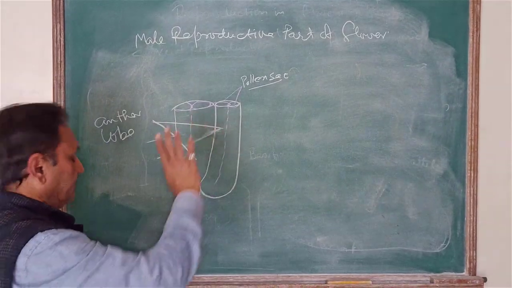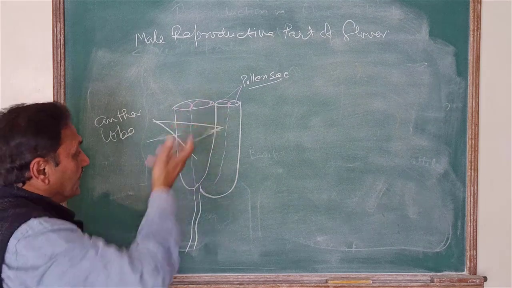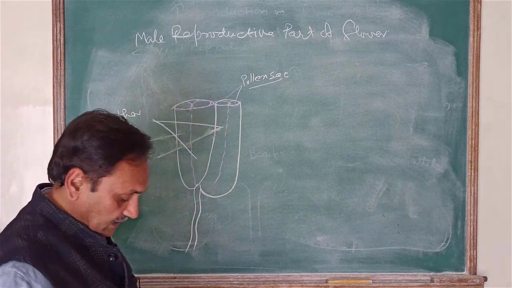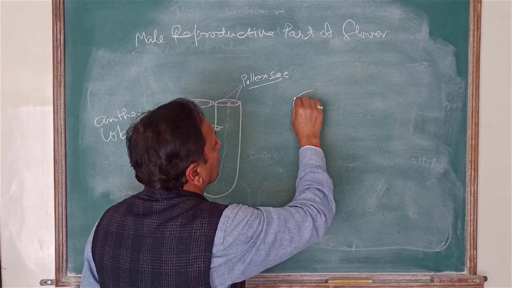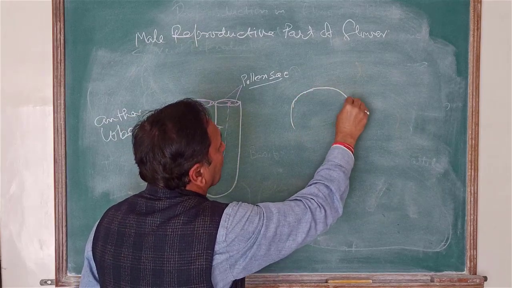Pollen sac. Now, if you see the internal structure of this particular anther, you will observe that it is like this.